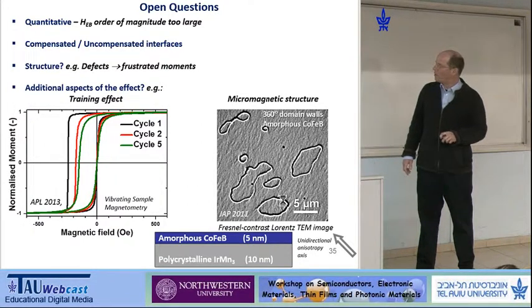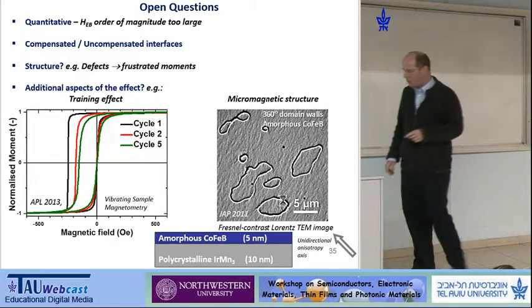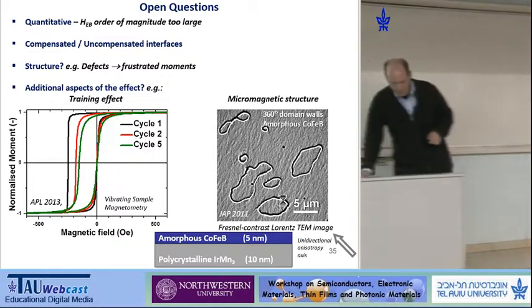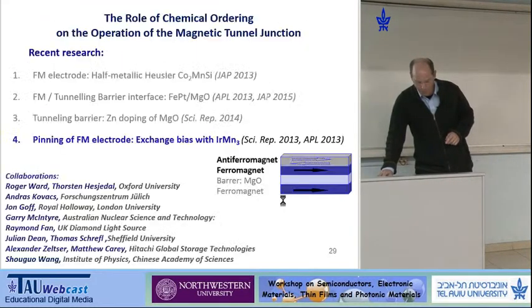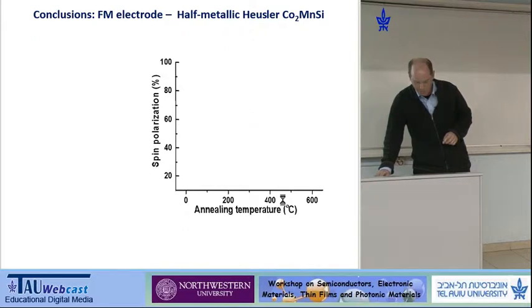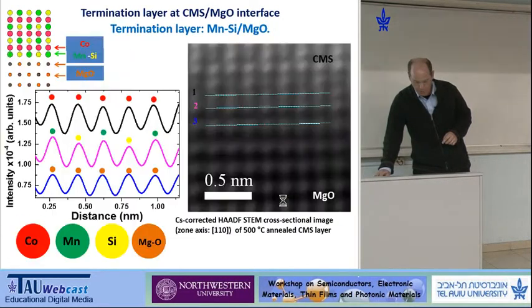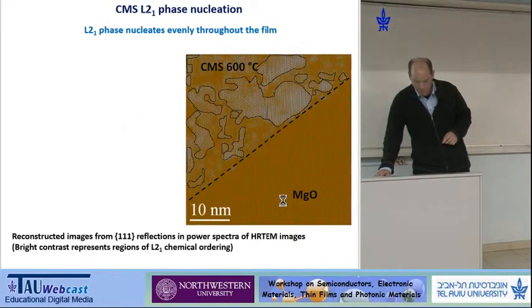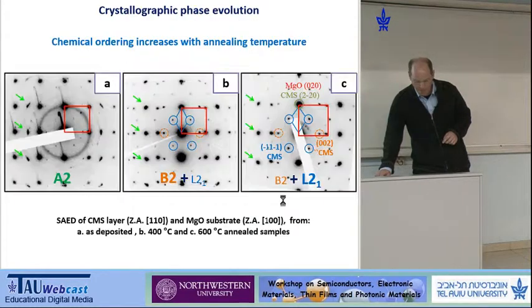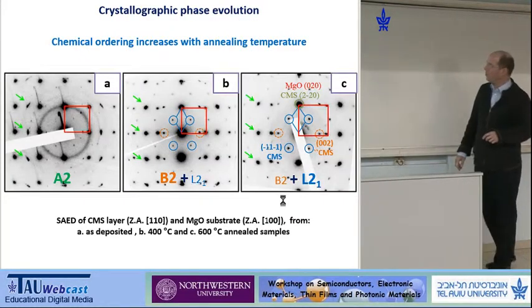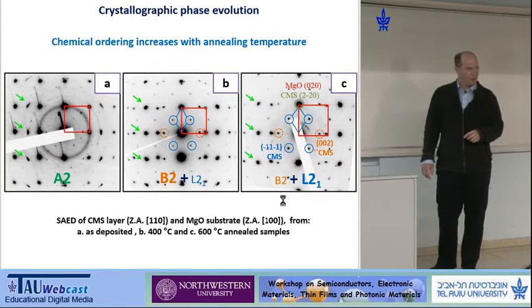Yeah, but no, this is for the antiferromagnet. I just jumped. This is related to iridium manganese 3. Maybe I wasn't clear. So, in the case of the Heusler structure, this was done by sputtering. Mm-hmm. But here too, I mean, it's not quite like MBE, but it's quite good.